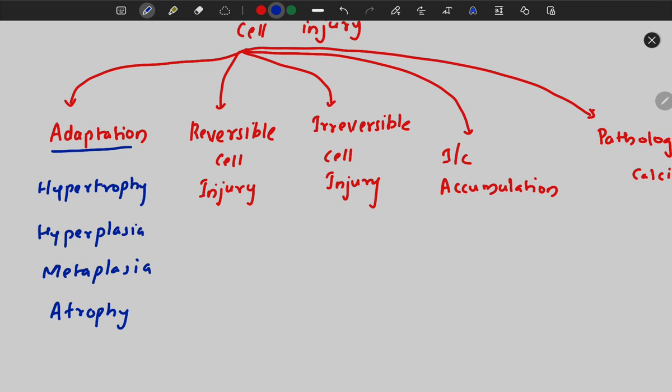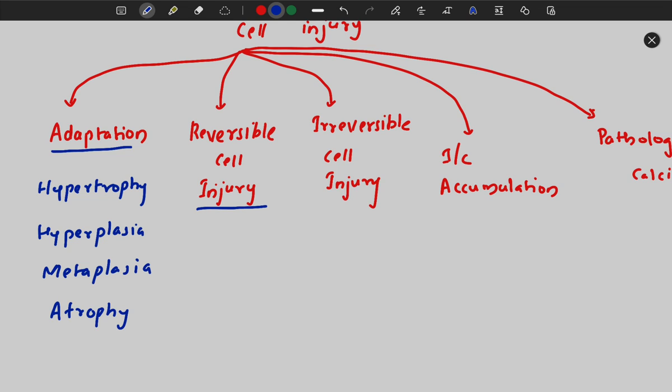If that stimulus continues, the cell will get injured. The first type of injury is the reversible cell injury. Why is it called reversible? If the stimulus is withdrawn, the cell will become normal.